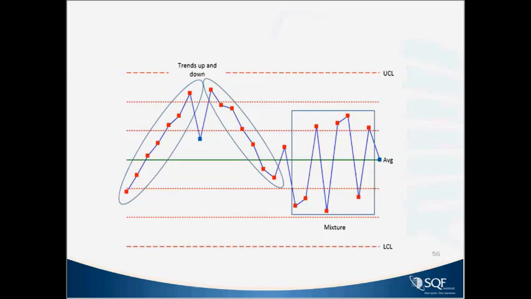And in this case here, where the square box is, you start to see a number of points in that second zone. So we have one zone from the green line to the first dotted line, and then zone 2. So sometimes the trend rule will say, hey, 4 to 5 points in zone 2 or zone B or greater. You can use numbers or letters. It doesn't really matter.